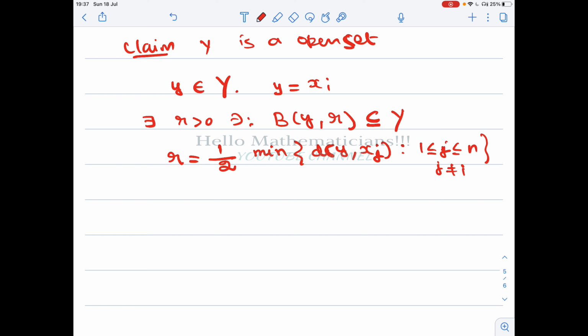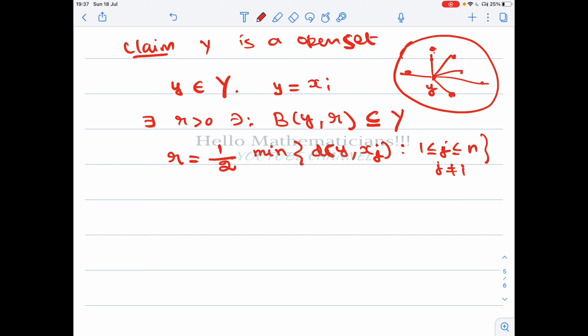Okay, so what we are doing is, you have a finite metric space, so it has only these points, and this is my point y. I am looking at the distance from this point to all the other points, and I look at the minimum distance.